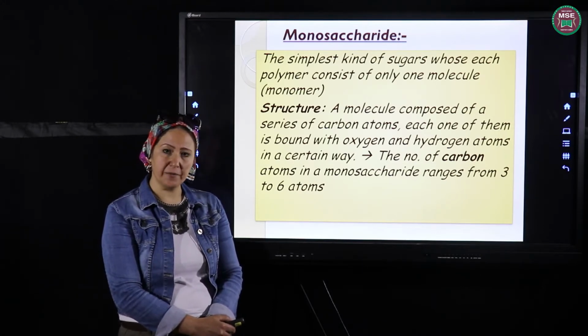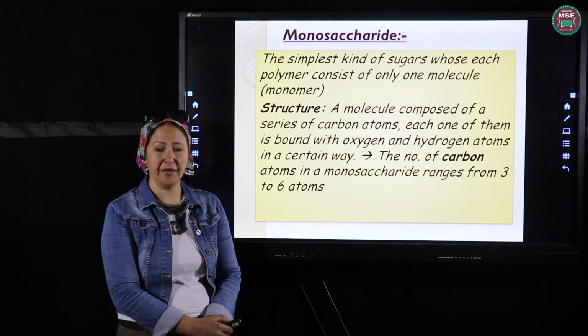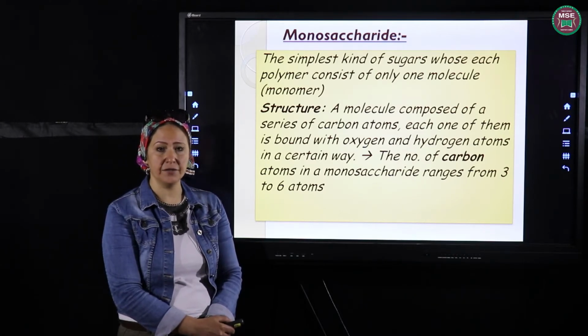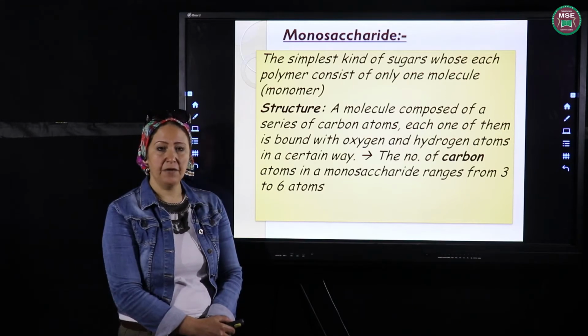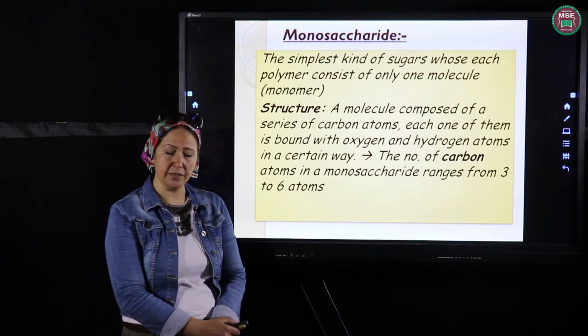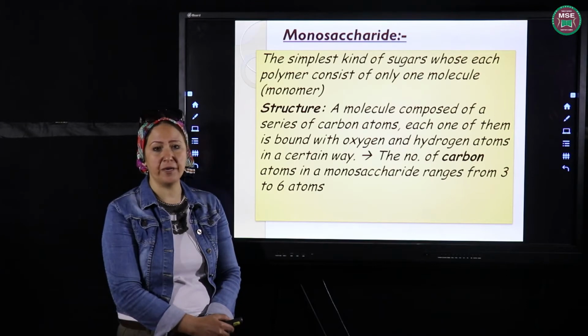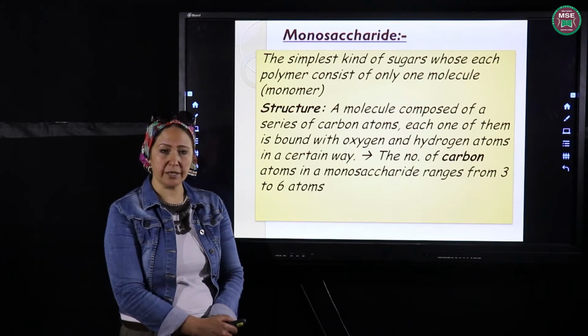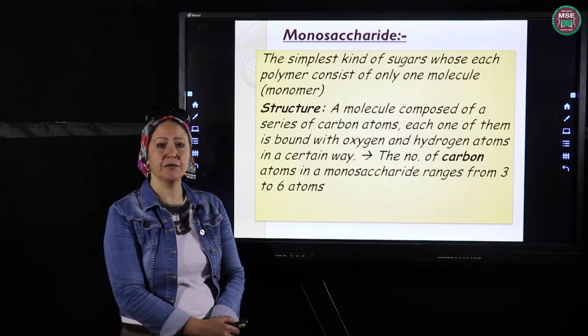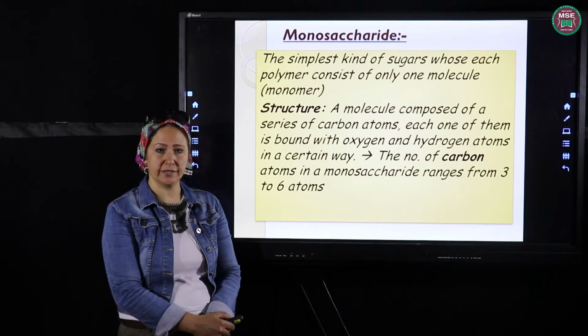If you look at this formula, you will find that this carbohydrate contains carbon, hydrogen, and oxygen with ratio 1 to 2 to 1. If you look at the number of carbon atoms, you will find that it equals 6. So glucose is one of the monosaccharides. All monosaccharides contain carbon atoms ranging from 3 to 6.